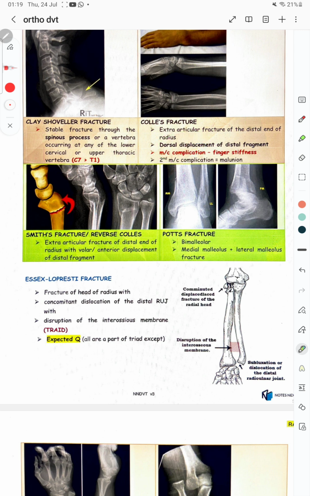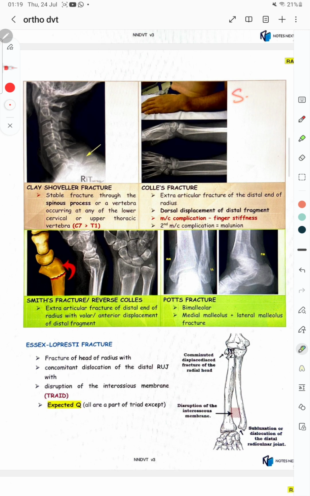That's it. Smith has volar or anterior displacement. Colles has dorsal displacement. C with D and S with A. Have you heard of SVA? Yes, you all have heard of it. And then there is CD. So C goes with D and S goes with V or A.